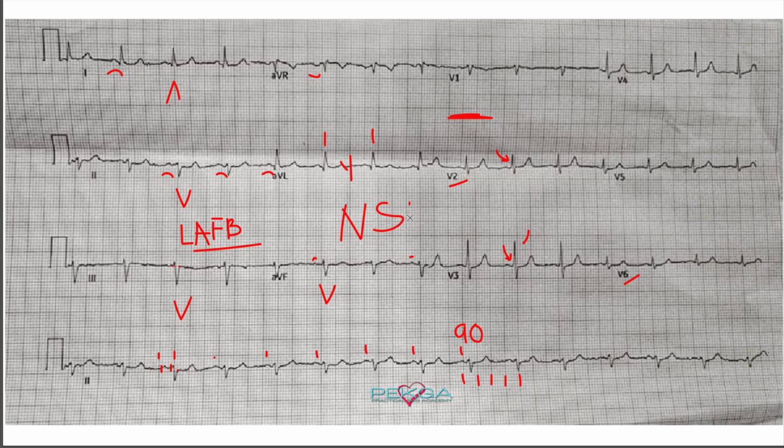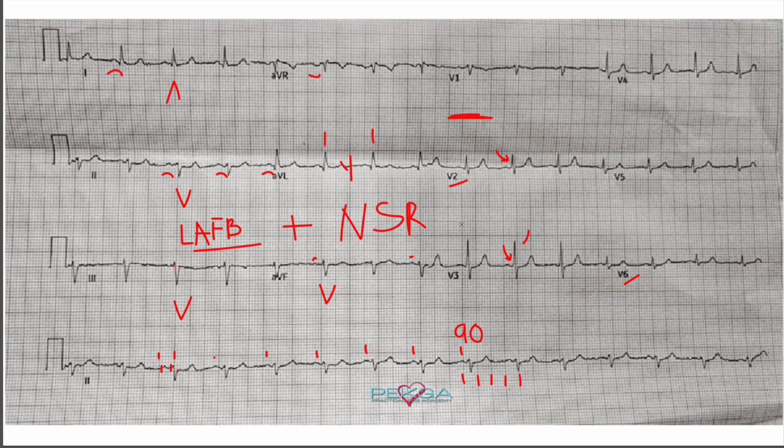Normal meaning the rate is between 60 and 99 beats per minute, right? Sinus rhythm is coming from the sinus node, and with left anterior fascicular block. What else am I forgetting here? So this is normal sinus rhythm, left anterior fascicular block due to the axis deviation.